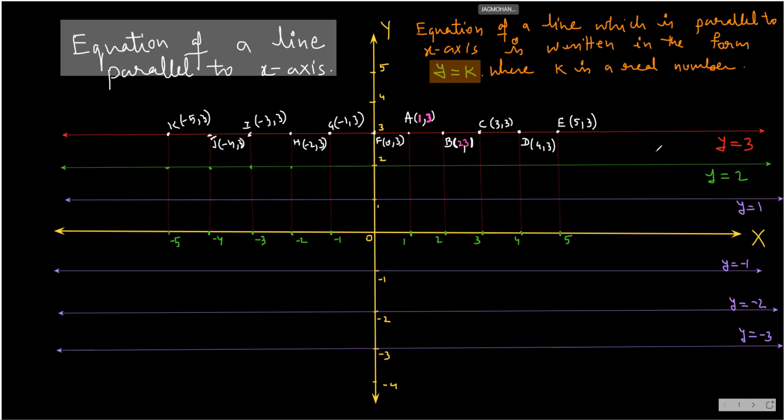Now see, students, if the line is above the x-axis, then k is positive. And if the line is below the x-axis, then the k value is negative. I will write this also.